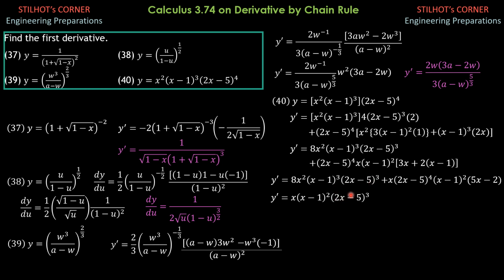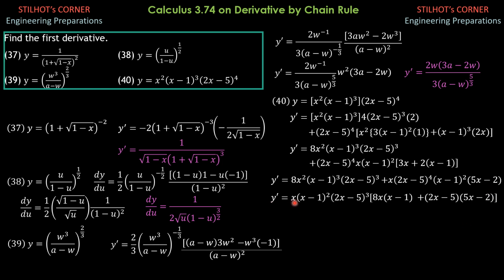Then times quantity, this first term divided by the common factor, this is 8x and x minus 1. So times quantity 8x times x minus 1. For the second, this term divided by this common factor, we have 2x minus 5 raised to 1, or 2x minus 5, and 5x minus 2. So plus quantity 2x minus 5 and quantity 5x minus 2.